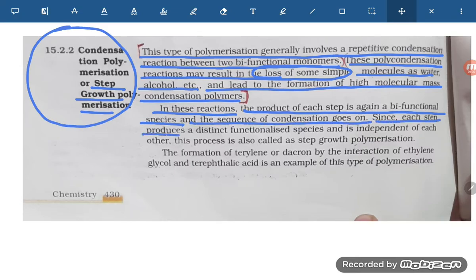Since each step produces a distinct functionalized species and is independent of each other, this process is also called step growth polymerization.